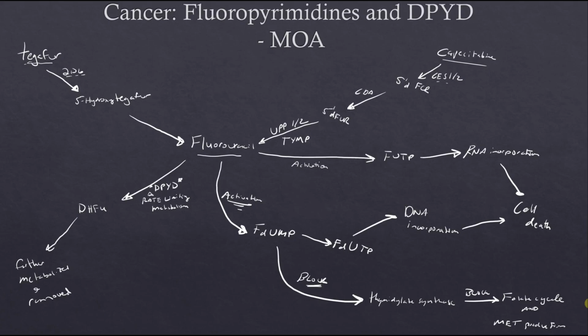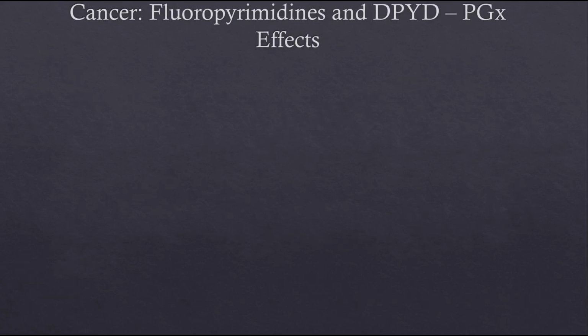So now that we have the metabolism and mechanism of action of fluoropyrimidines under our belt, let's take a look at the pharmacogenetic effects of DPYD on fluoropyrimidines. And for DPYD, we can look at metabolizer phenotypes. So first, let's look at normal metabolizers.